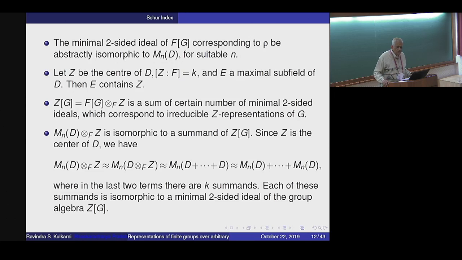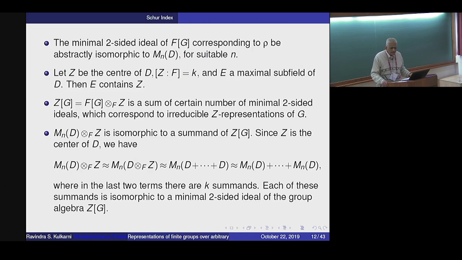So the minimal two-sided ideal of FG corresponding to rho is abstractly isomorphic to the matrix ring over the division ring D, and let Z be the center. F will be contained in the center.